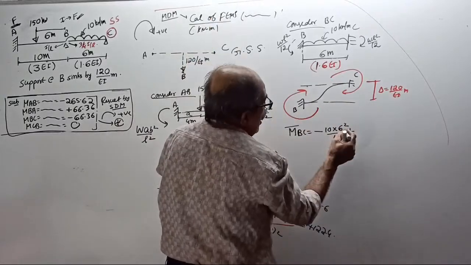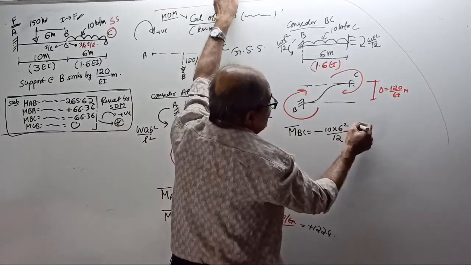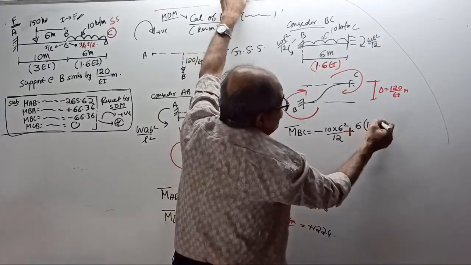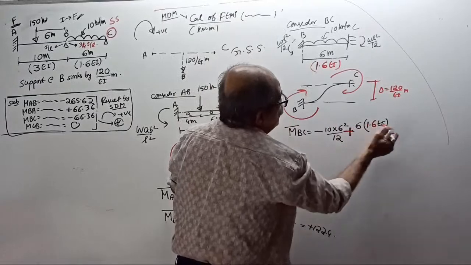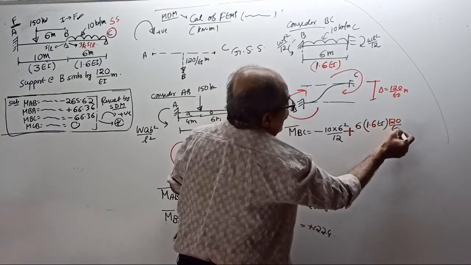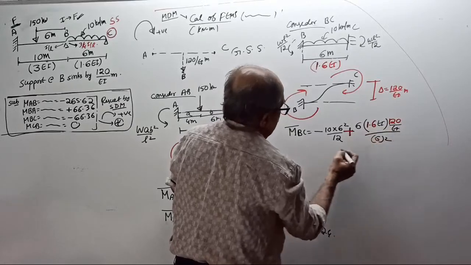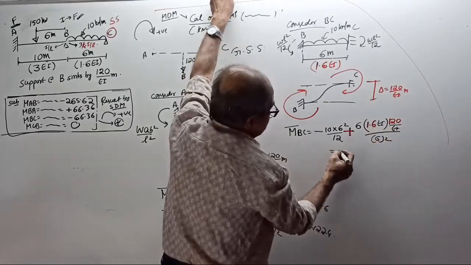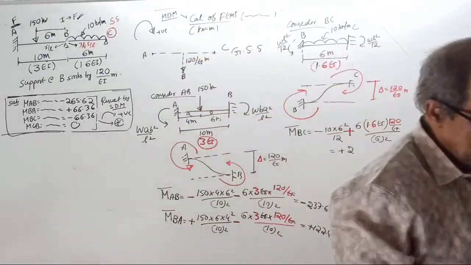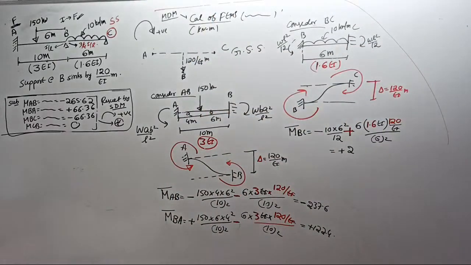Why plus? Clockwise, plus 6 into the respective EI, 1.6 times EI, don't forget it, into 120 by EI delta by 6 square. It will come plus 2. Correct? Plus 2 is correct.